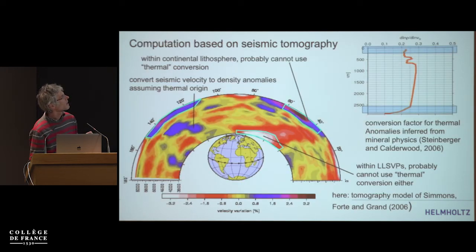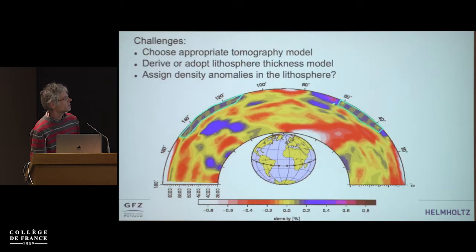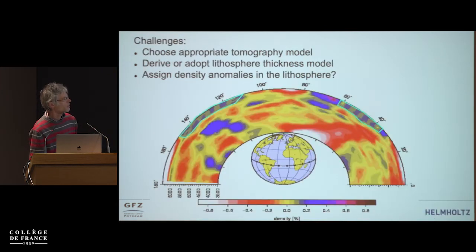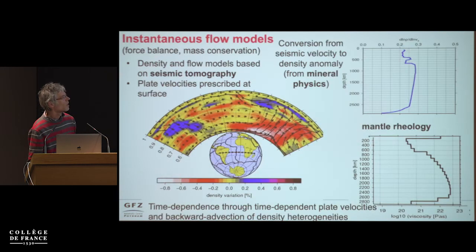Right. So again, coming back to this cross-section, these are the regions where I possibly exclude seismic velocities and replace them by a given value. So this here is density variations, and everywhere else is scaled by seismic tomography. But in the lithosphere, I take this off, and also in the lowermost mantle, but that's not very relevant for dynamic topography.